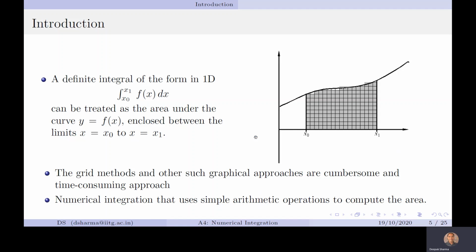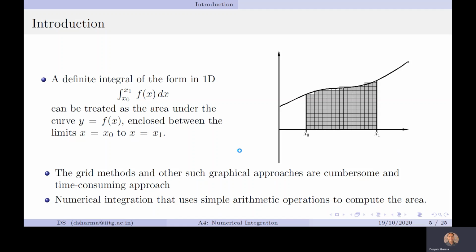I can find it using a graphical method, making grids and counting the number of grids to get the area under the curve. But these kinds of approaches are cumbersome and time consuming.